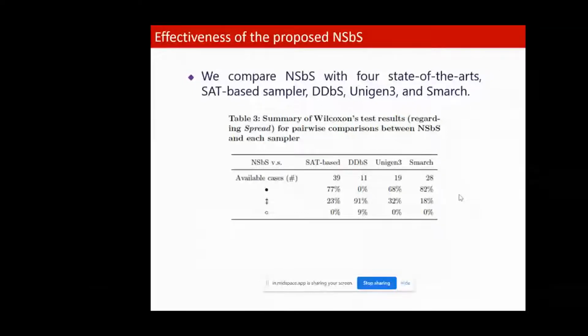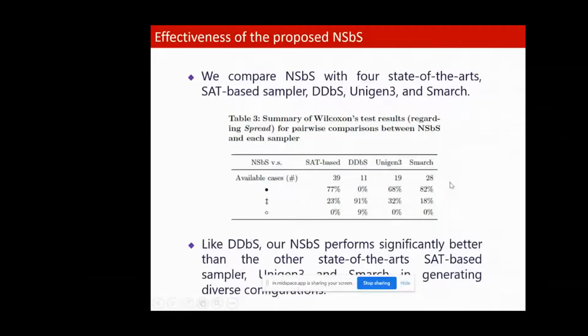methods. They are a SAT-based sampler, DDBS, which is a diverse sampler, Unigen 3, and SMART. Okay, and we can see from the table that, like DDBS, our algorithm performs significantly better than the other 3 methods. So this is about effectiveness.